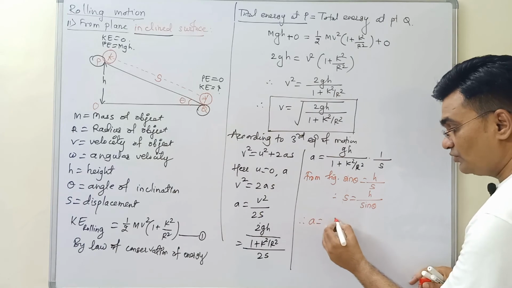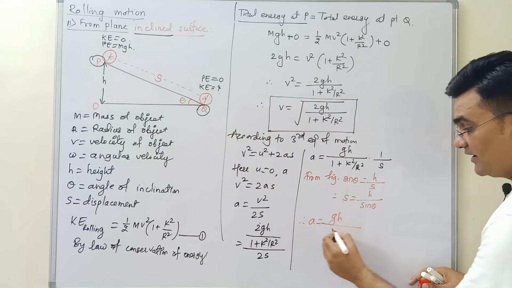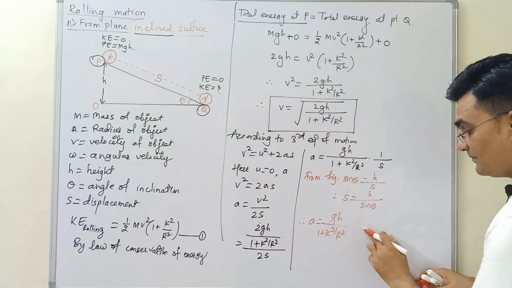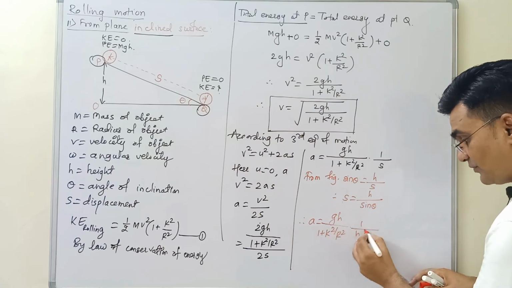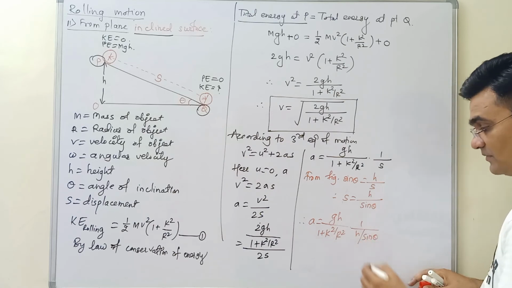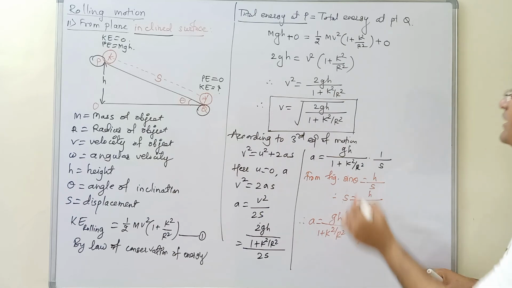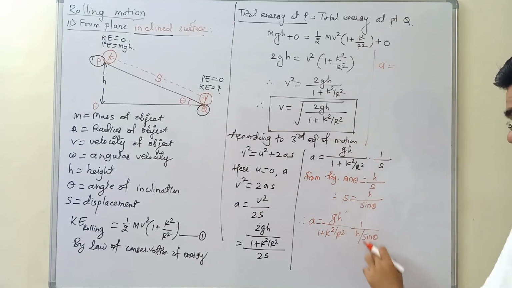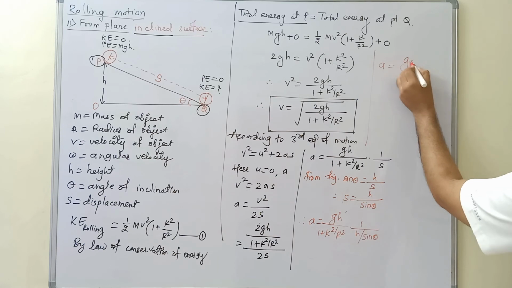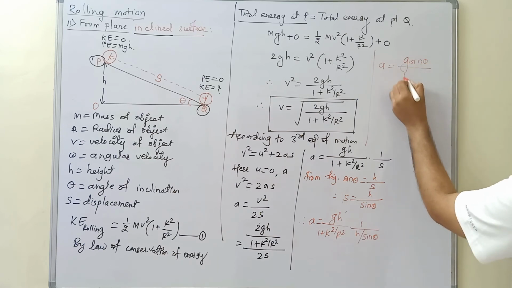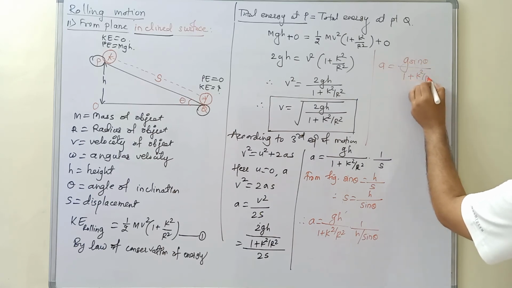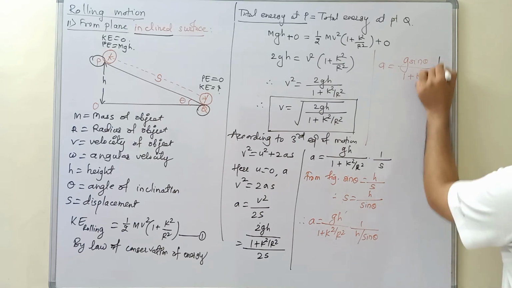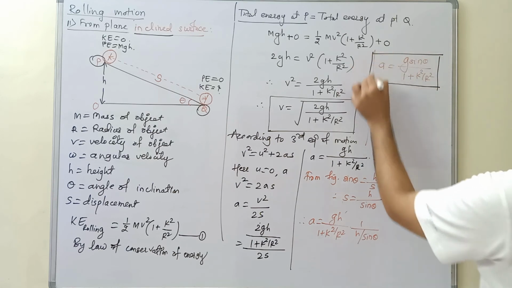Therefore a equal to gh divided by (1 plus k square upon r square) into 1 upon (h upon sin theta). Look, h cancelled and sin theta comes to the numerator, so a equal to g sin theta divided by (1 plus k square upon r square). This will be the formula for acceleration of a body rolling down an inclined surface.